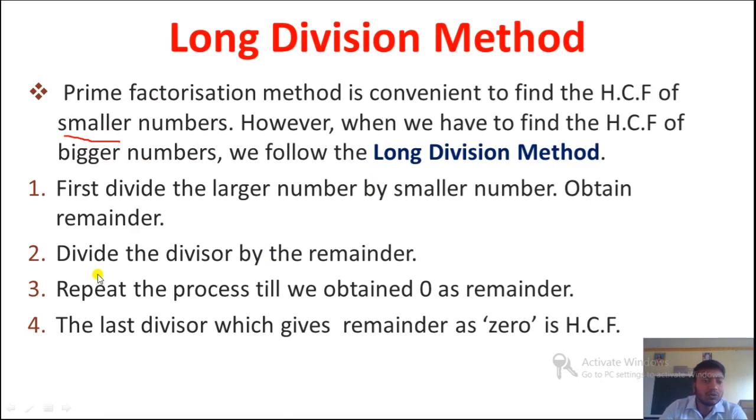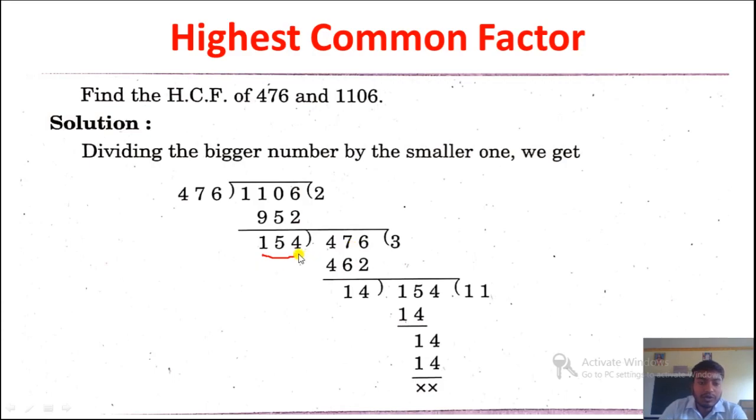Now step number 2, divide the divisor by the remainder and repeat the process till we obtain 0. Now we have to divide this divisor 476 by the remainder 154.